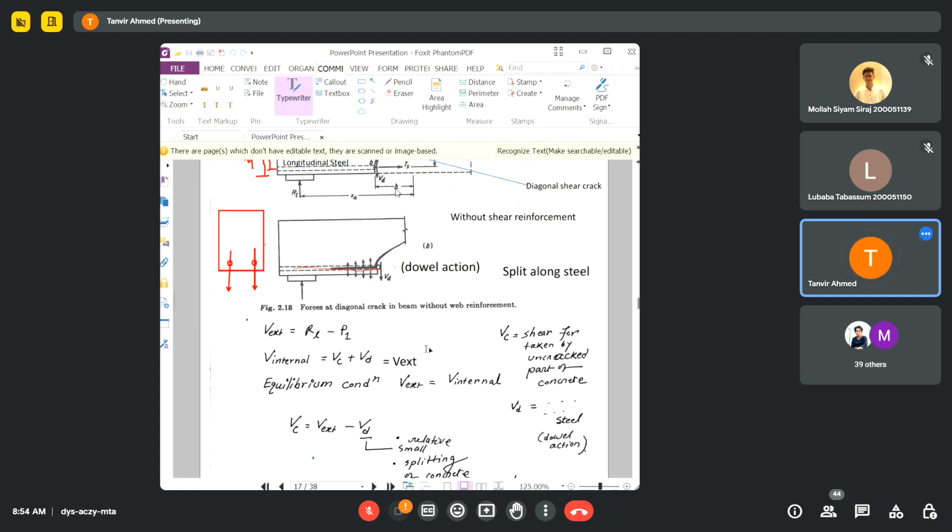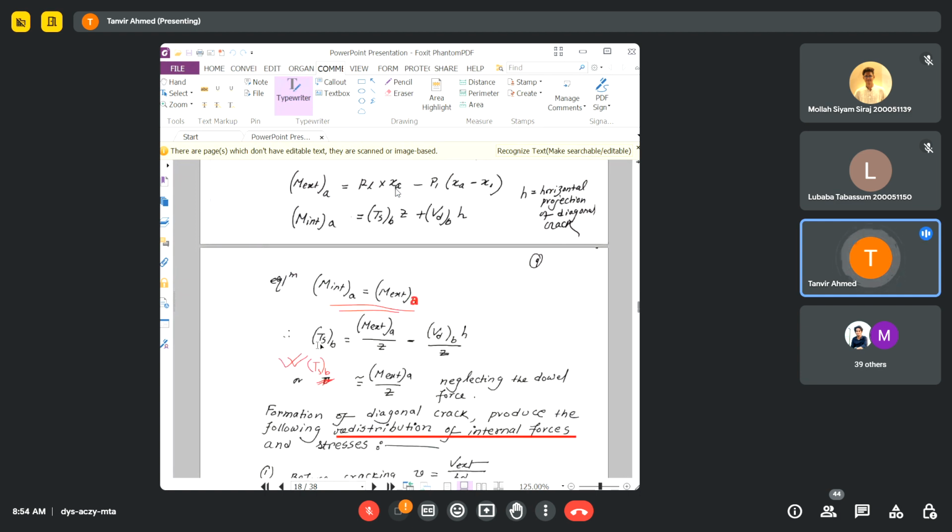That's the same thing. So if I just calculate the value of TSB, it will be this equation. And as I said before, the shear force on the steel reinforcement VD will be small, and you can ignore this force. Then the equation of TSB will be this one.